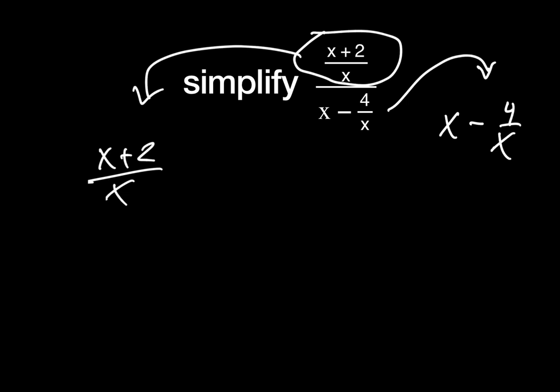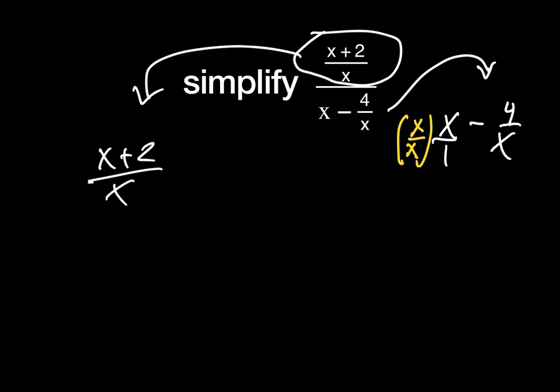Well, I've got this weird fraction, and I need to be able to combine those together to simplify. In order to do that, they need the same denominator. This has a denominator of 1. I need them both to have a denominator of x. So to do that, I'll multiply this by x over x.